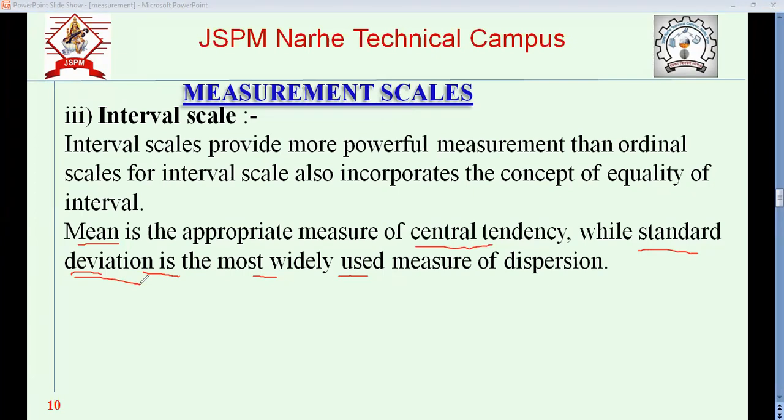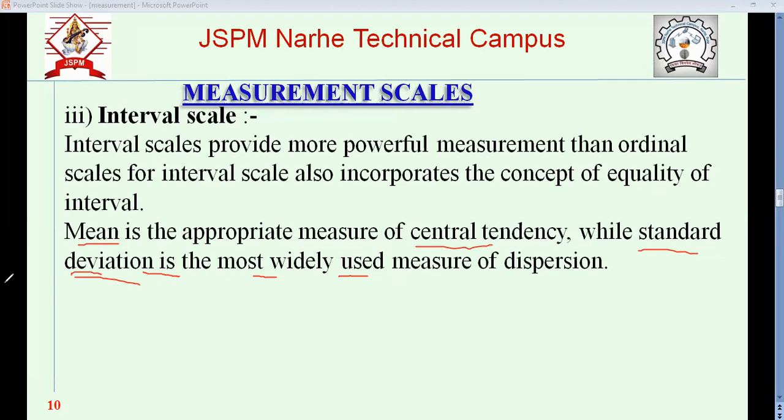Are you getting what central tendency means? Suppose we arrange the numbers 1 to 100; where the central number is, we can find from the mean.